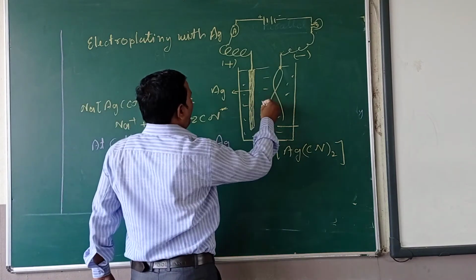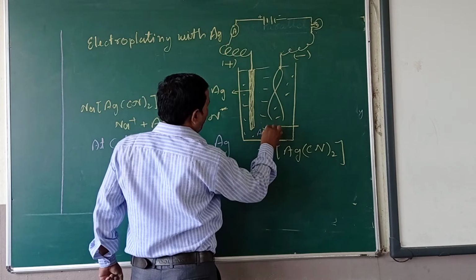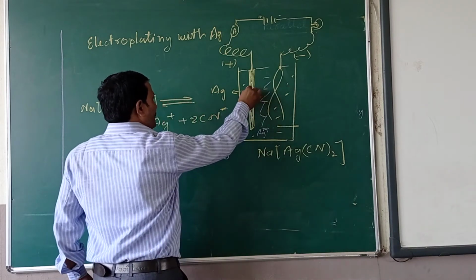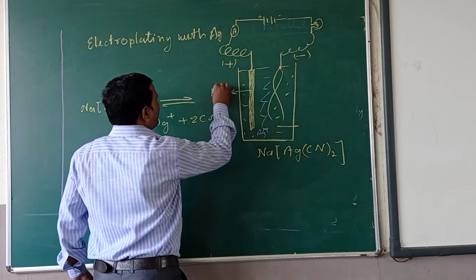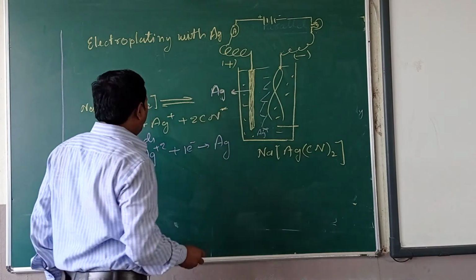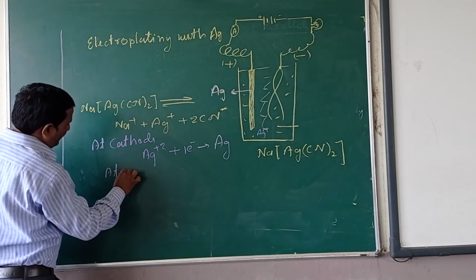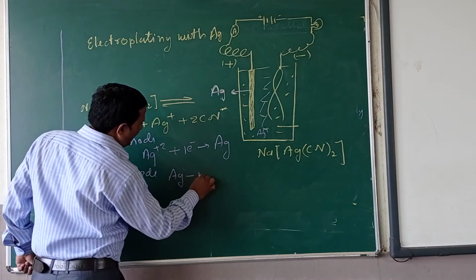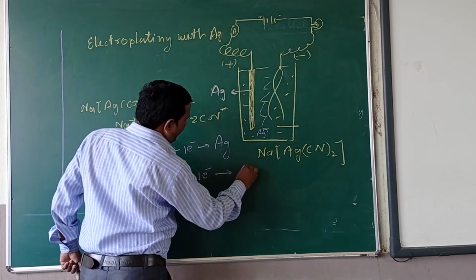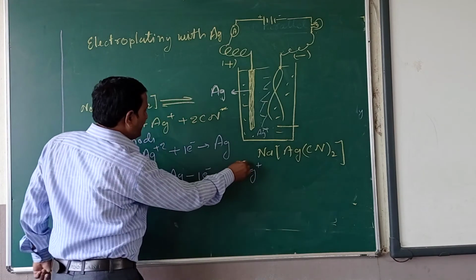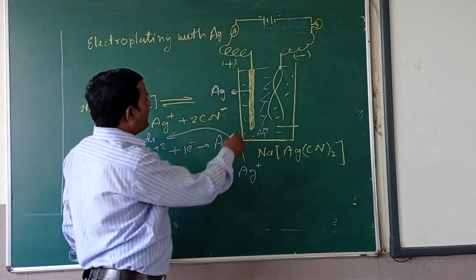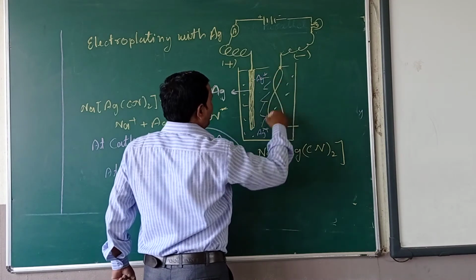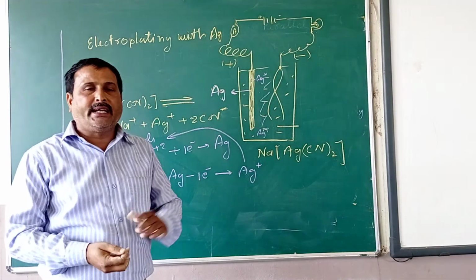This Ag+ from the solution migrates toward the spoon. Now your anode is also made of silver. At the anode, silver loses an electron and forms Ag+, and this Ag+ again migrates to the cathode, where it is discharged. So in this way you can electroplate.